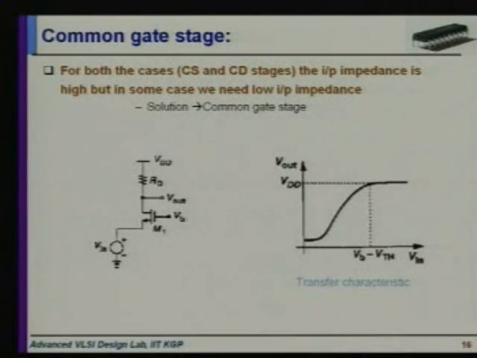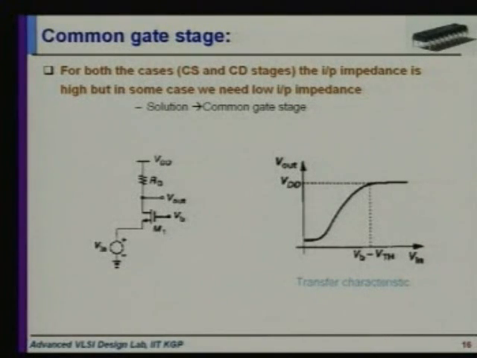From our diode connected load, we have already seen that if we apply a signal at the source region, the input resistance is not infinite, it may be 1 by Gm or 1 by Gm plus Gmb also. For that reason we have introduced this common gate stage.